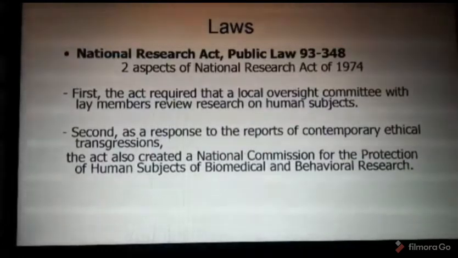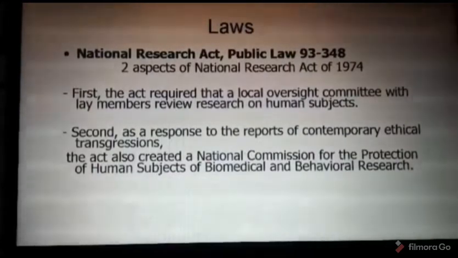For an experiment to be approved, there must be a proper review of the research, where a committee will discuss, review, and check what needs to be done for that research.